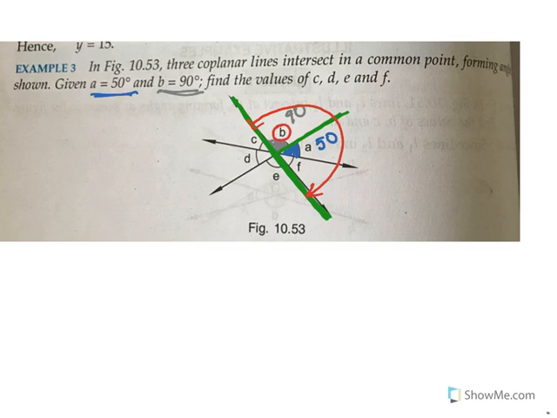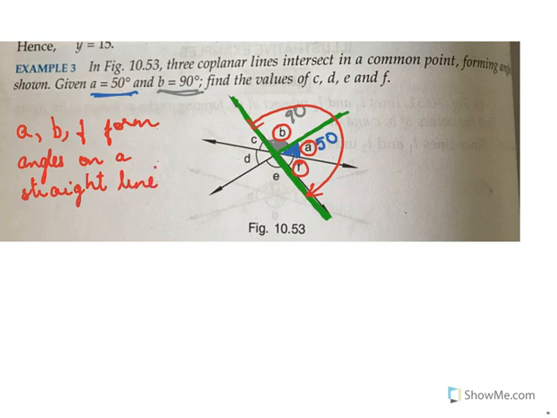So I get B, A and F. They all form a linear pair. So A, B, F form, I won't say linear pair, it should be angles on a straight line.